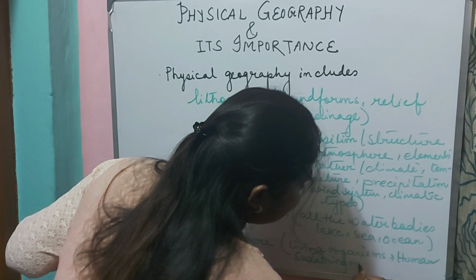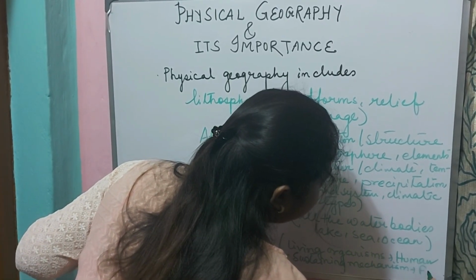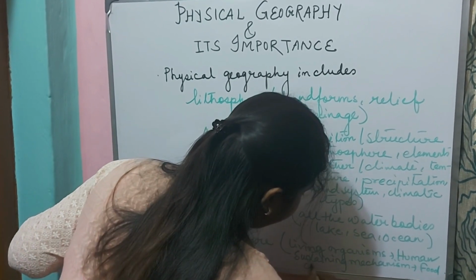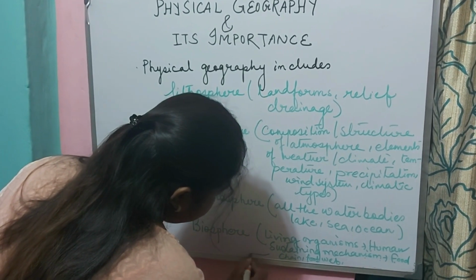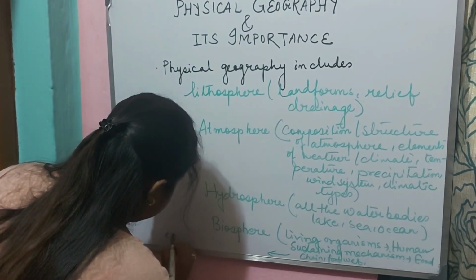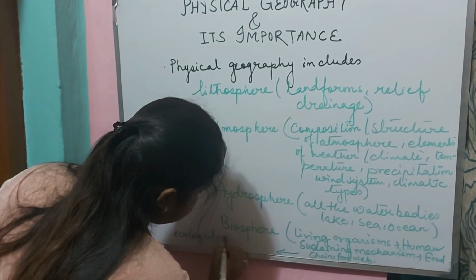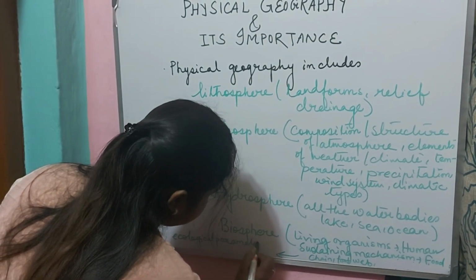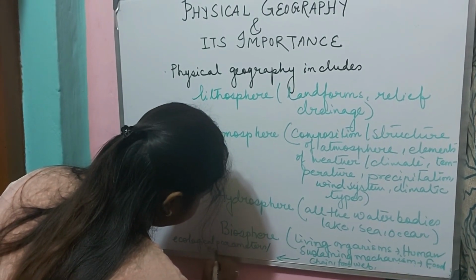That means the sustaining mechanism of living organisms like food chain, food web, ecological parameters, and ecological balance.